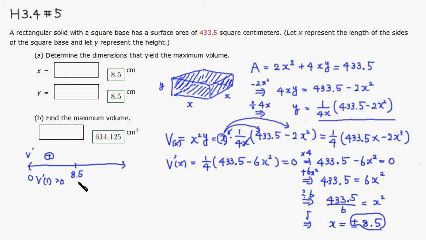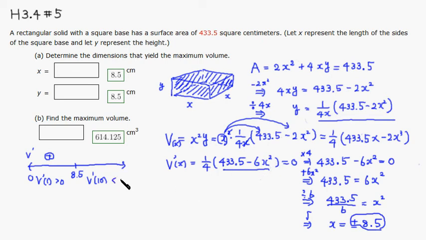How about after 8.5? We can try V prime of 10 or something like that. You can see that 433.5 minus, actually 6 times 10 squared, I was looking at the wrong thing here. 433.5 minus 6 times 10 squared would be 600, so that would be negative.